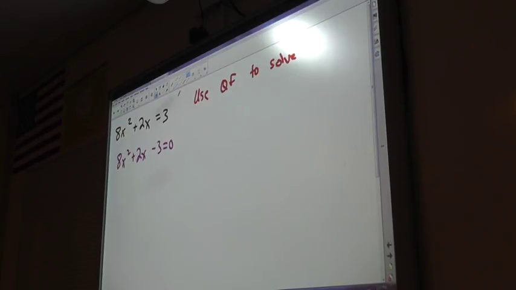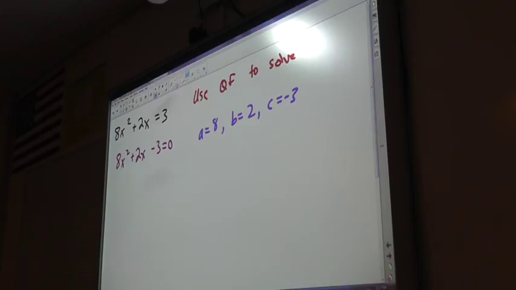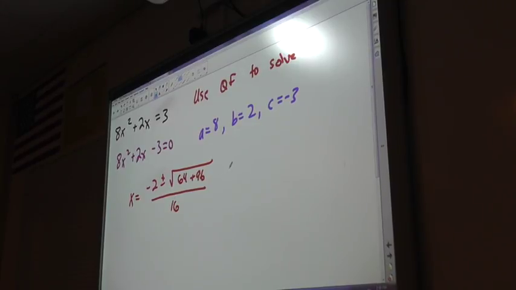You guys get it? So a is 8, b is 2, c is -3. So x equals -2 plus or minus the square root of 64 plus 4 times 8 times 3, 96, all over 16. No, it wasn't 96.